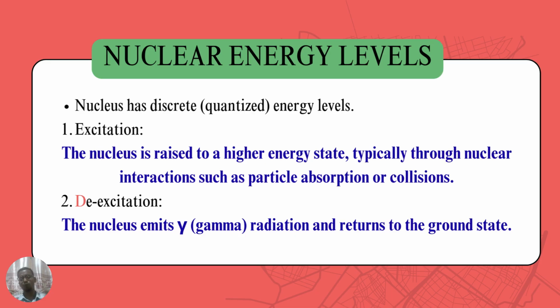So let us come to nuclear energy levels. When we talk about nuclear energy levels, we know that nuclear energy is quantized, which means it has discrete energy levels. So we can categorize it as excitation and de-excitation energy.